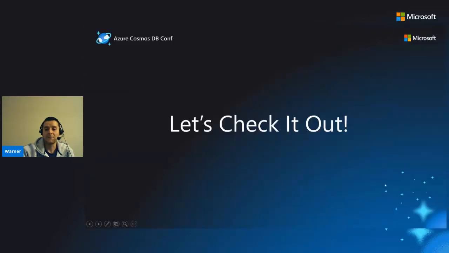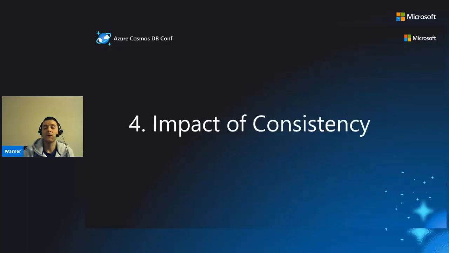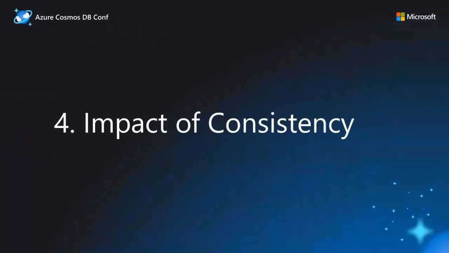All right, so that is the consumption models, and I hope that's a good demo showing the benefit of the auto scale and how it works, how transparent it can also be for your system. Now, what else affects request units? Well, consistency actually is something that has a direct impact, and I find it really interesting.